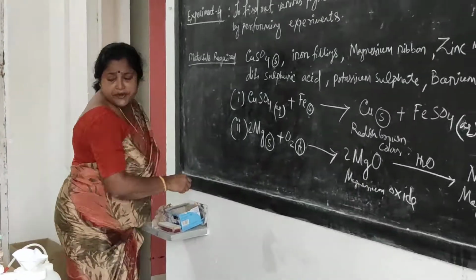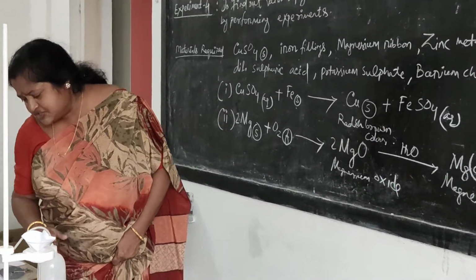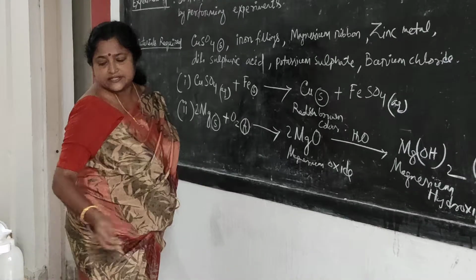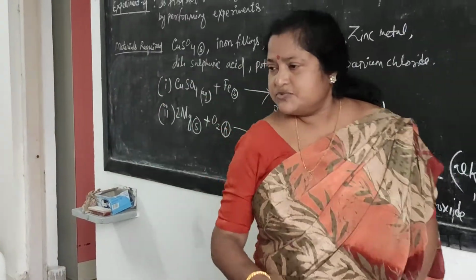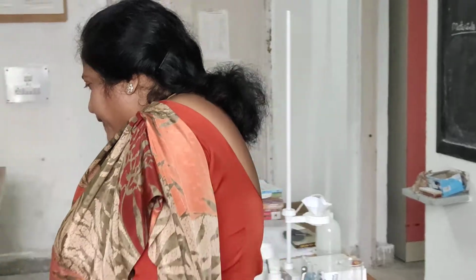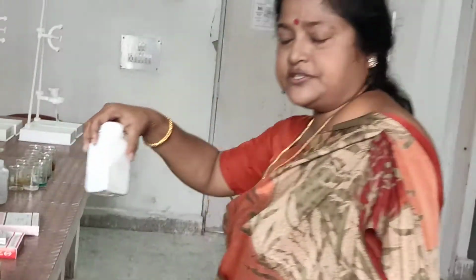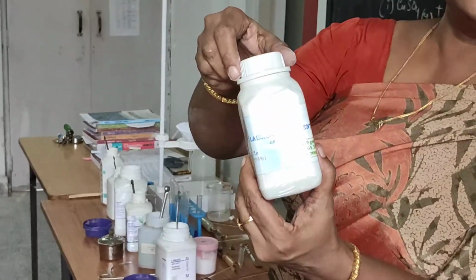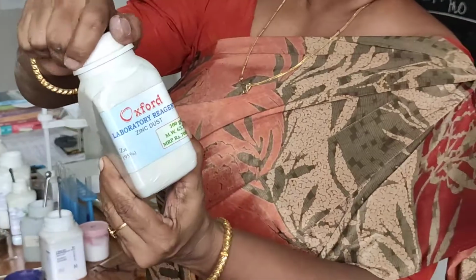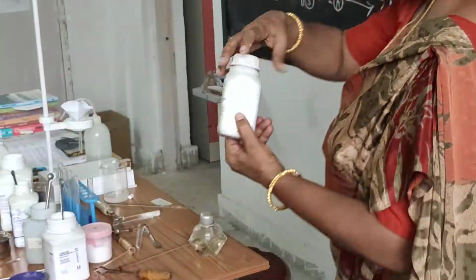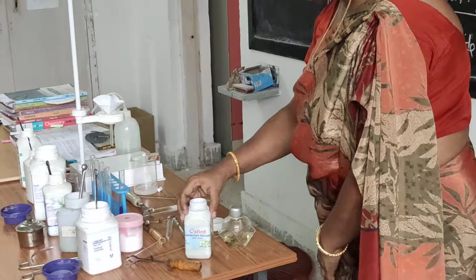Then the third experiment I am going to tell you. What is that? Zinc with dilute sulfuric acid. Students, I have taken some zinc powder. This is zinc dust. You see students, this is your zinc dust. I am adding this zinc dust to dilute sulfuric acid.